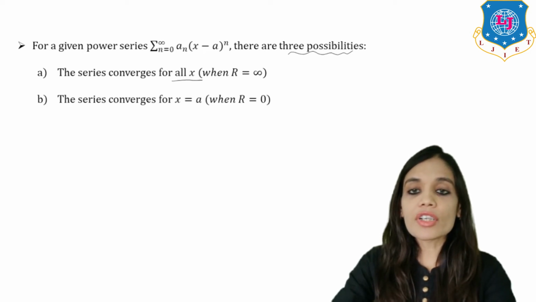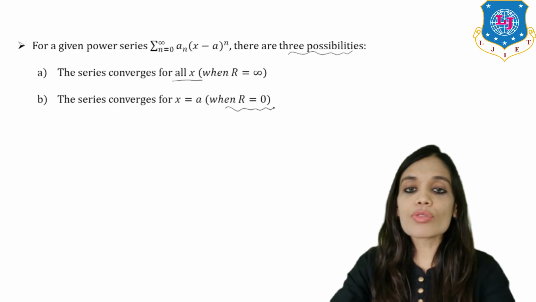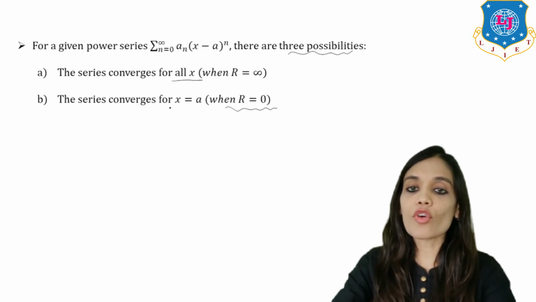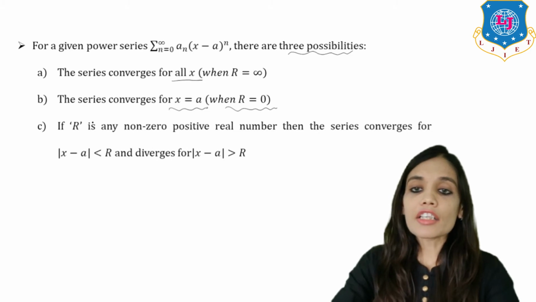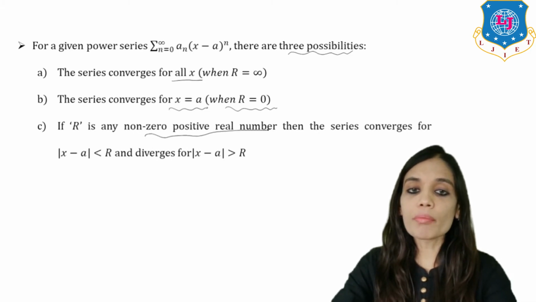The series converges only for x equal to a when r is equal to 0. And if r is any non-zero positive real number, then the series converges for mod x minus a less than r and diverges for mod x minus a greater than r.